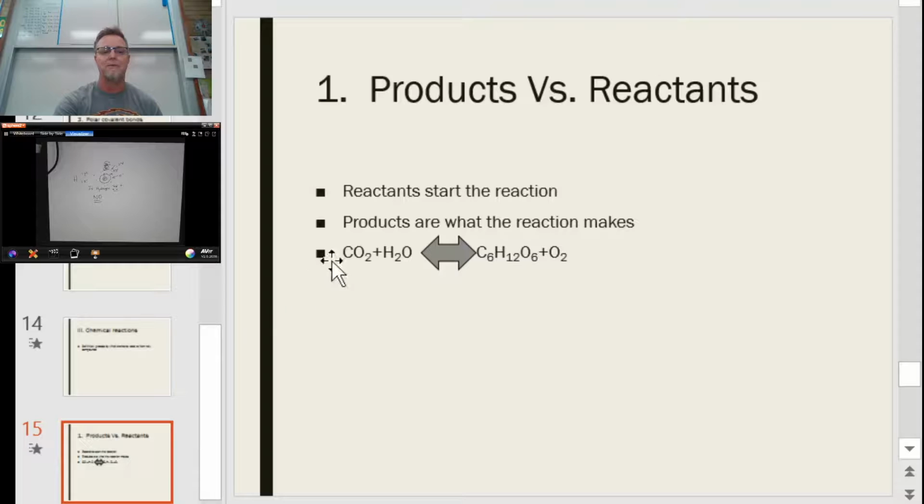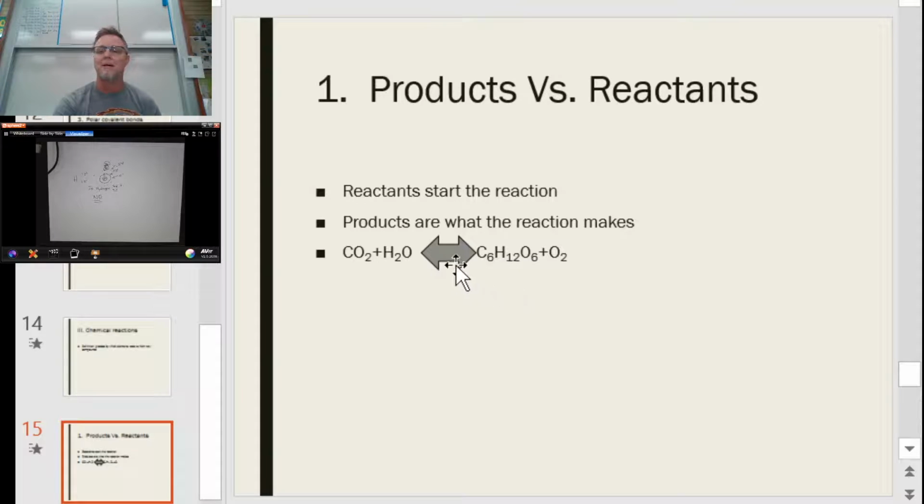So if you look at this little guy right here, okay, CO2 plus H2O, and then you got this arrow thing. In chemistry, we read the arrow as the word yields. And then we got this big old thing, C6H12O6 plus O2. All right. So the reactants are always over here on the left, and the products are always over here on the right, okay? And then this arrow in the middle, it usually only points one way, from left to right.